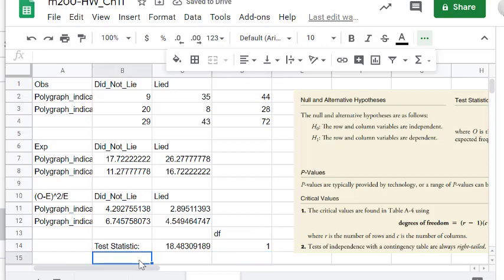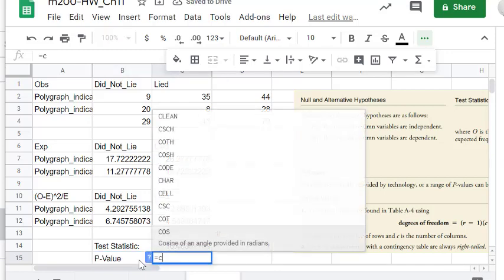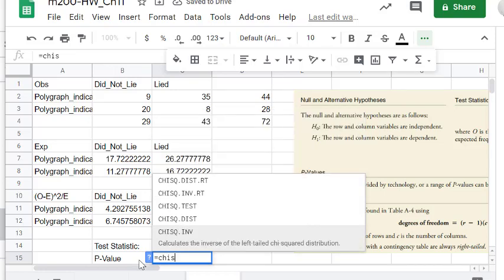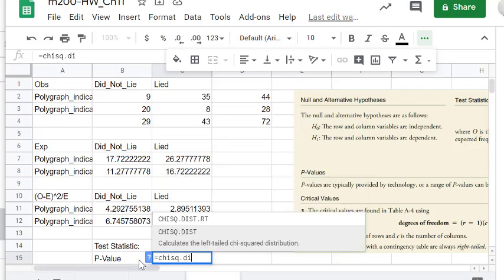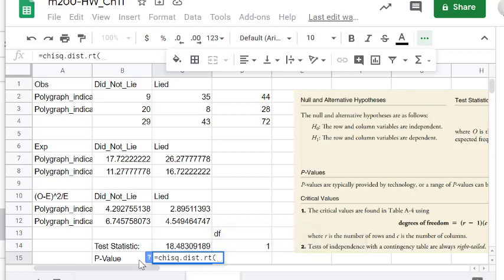Okay, so down here our p-value is going to be equal to the chi-square distribution, that's CHISQ.DIST, and this is a right-tailed test, so we will say .RT. So that's the chi-square distribution. It takes in 2 values.